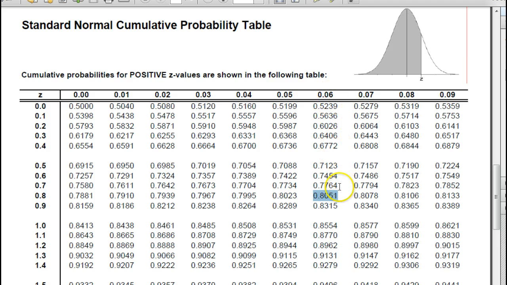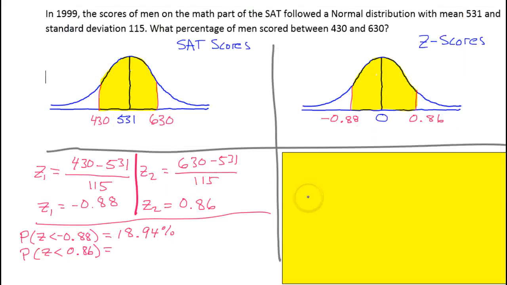All right, well, you can see it here as well. So this is the percentage of data to the left of that z-score. That's 80.51%. Now, I want to know the percentage of data between these two numbers, not to the left.